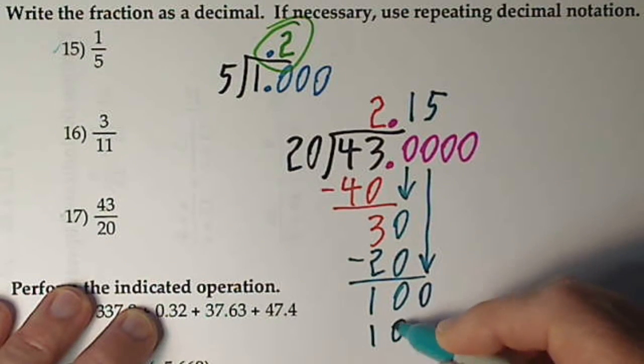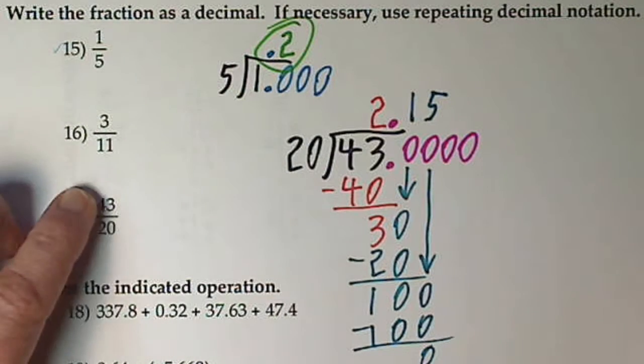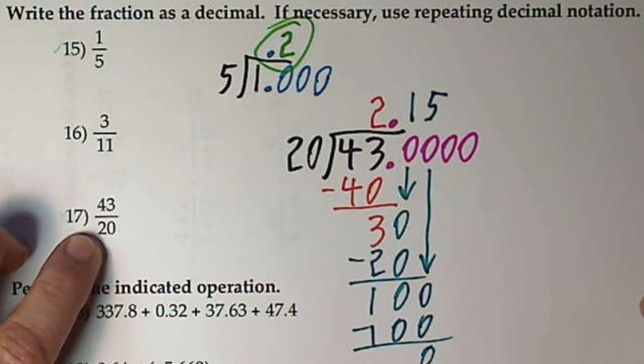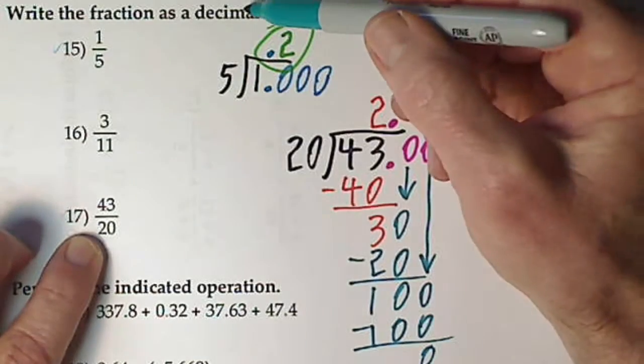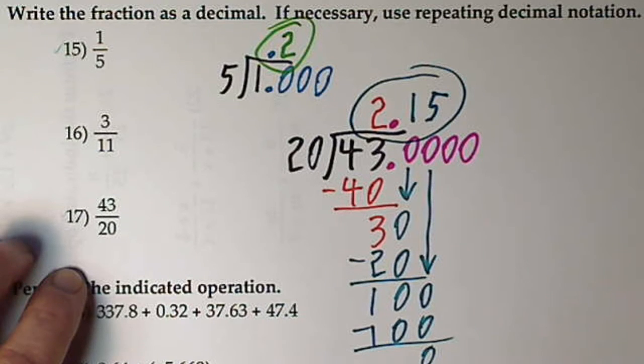And I could subtract, but you don't really have to bother because nothing's left over. Okay? So 43 over 20 can be written as a decimal 2.15, 2 and 15 hundredths.